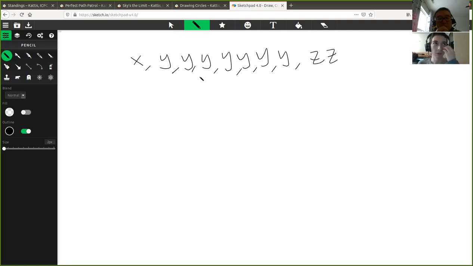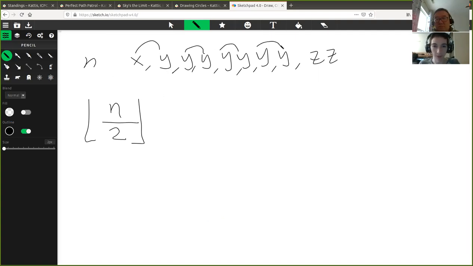Let's try to get an upper bound. Obviously, let's say the total number is n. So n over 2, floored, is the upper bound on the number of pairings we can make, because if we just ignore characters, that's how many pairings you can make. So this is definitely an upper bound.